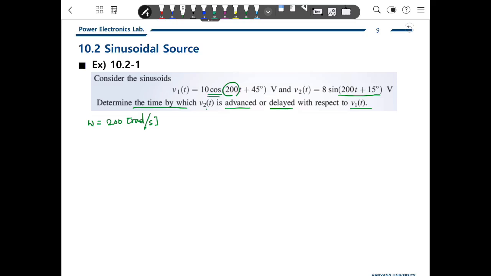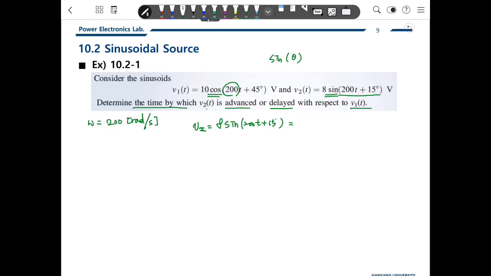But this is a cosine and this is a sine. So we need to express them identically, as sine or cosine. Generally, we express all sinusoidal variables as cosine. So I transform V2, which is 8 sine (200t plus 15 degree). How can we do that?